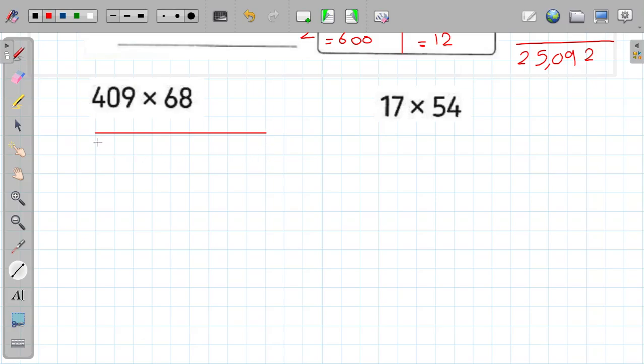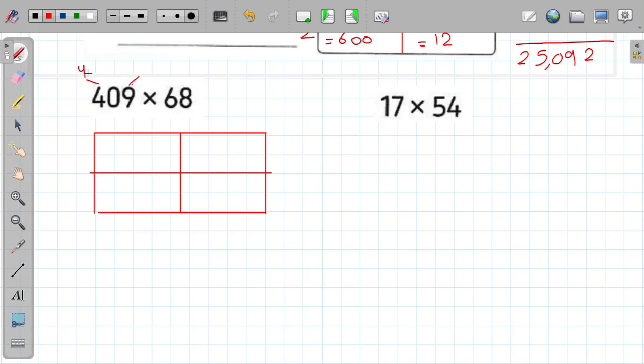So we will draw the rectangle like this. So I have the first side, the second side, the third side, and the last one. Okay, so we will cut the rectangle like this. Next I will expand the two numbers.